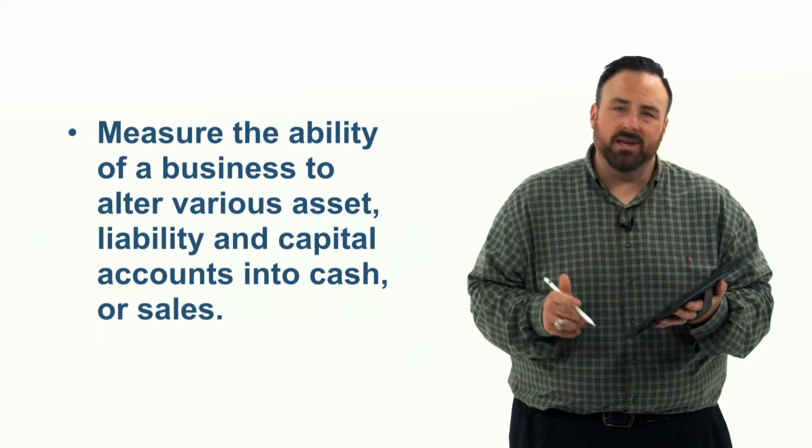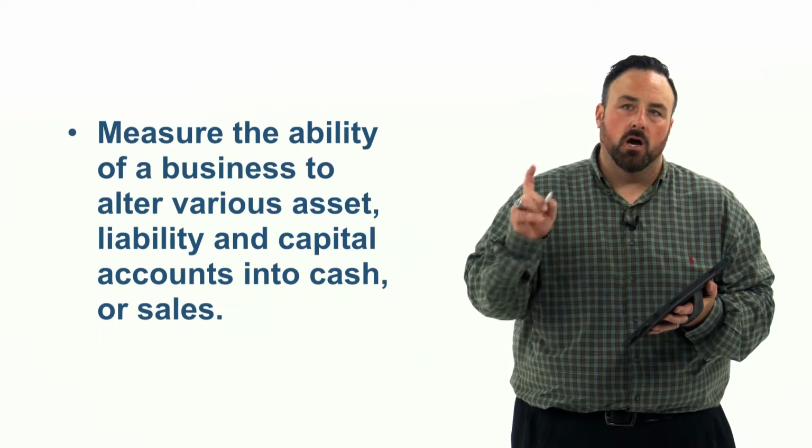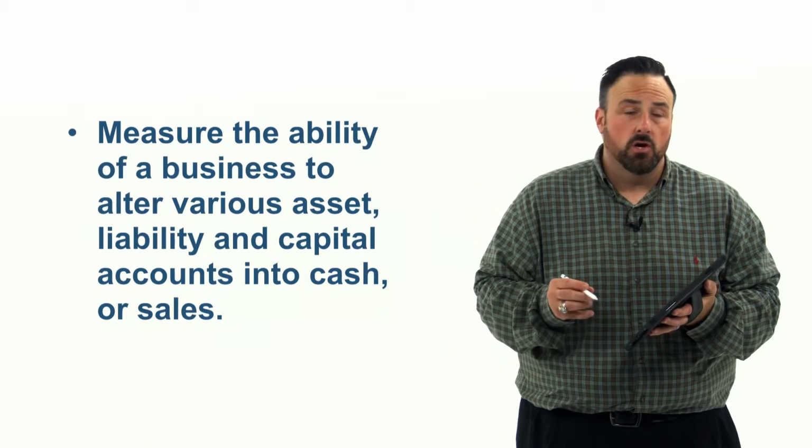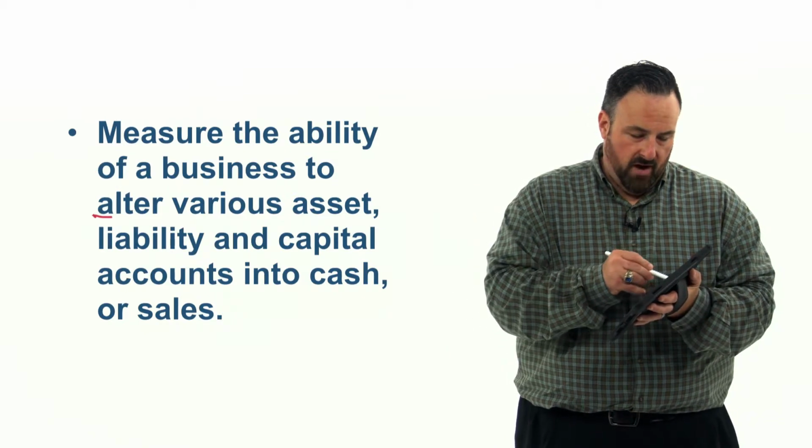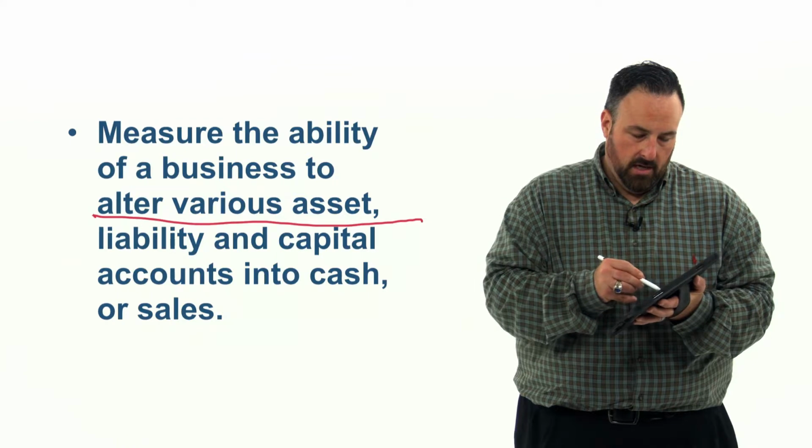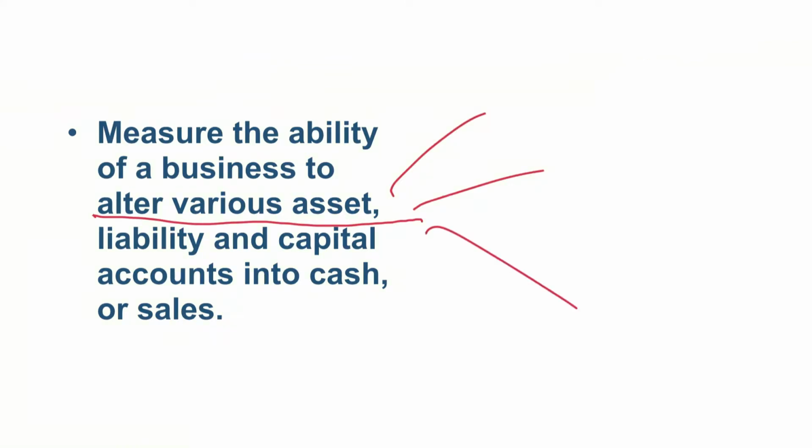Now, this financial tool measures the ability of a business, like we discussed, to alter various assets, and they can be all different types, liability and capital accounts, into cash for sales. Now, that takes some skill, but all businesses actually know how to do it, and it's basically just generating as much revenue as possible, all different ways.